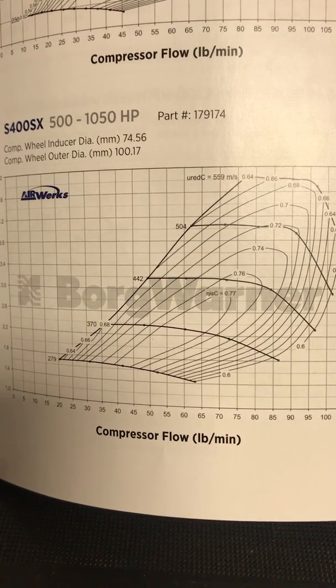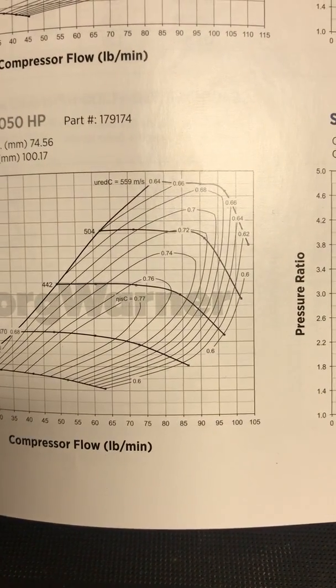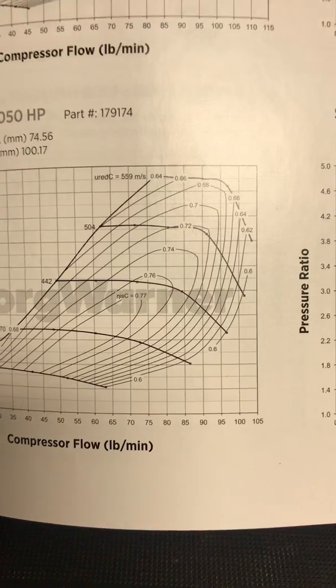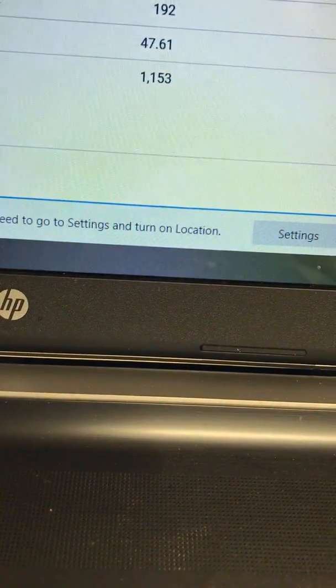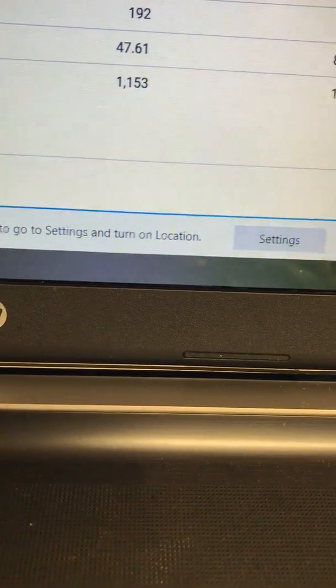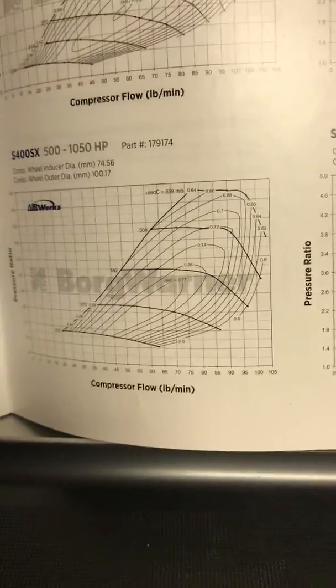Let's go down here to we needed 86 pounds a minute at, what was our pressure ratio? Almost a 6-to-1 pressure ratio. So, go back over here. One of these days I'm going to get a pointer, but I don't have one right now, so we're going to use this ink pen.